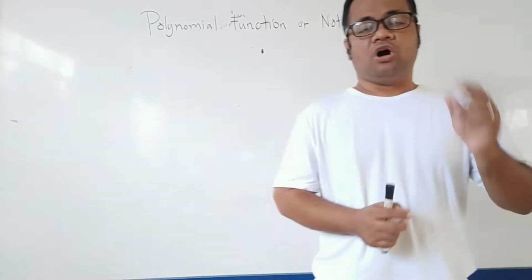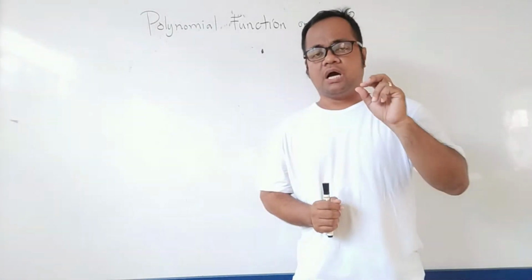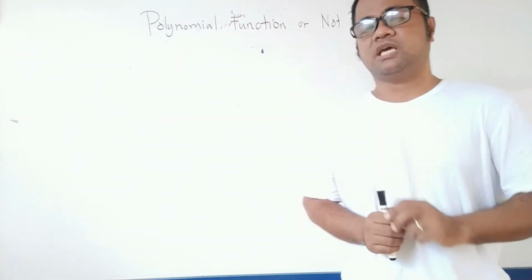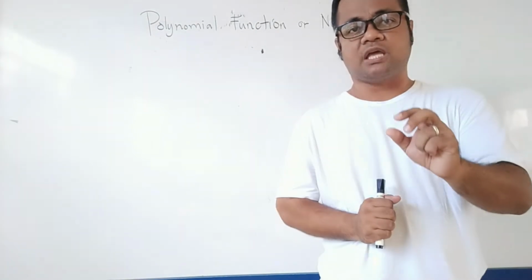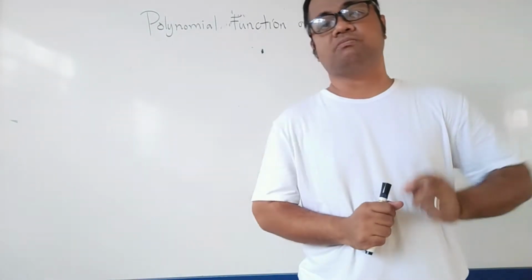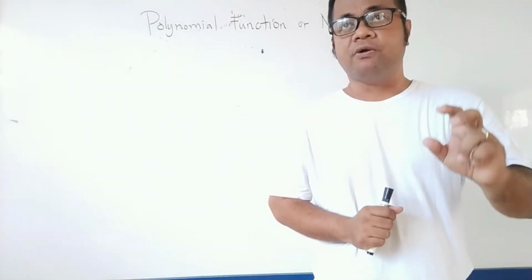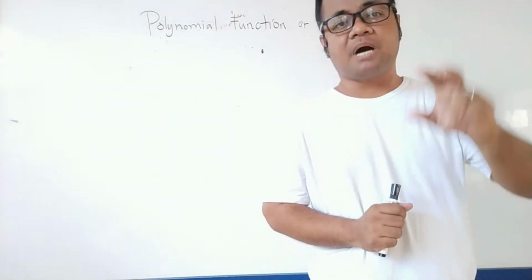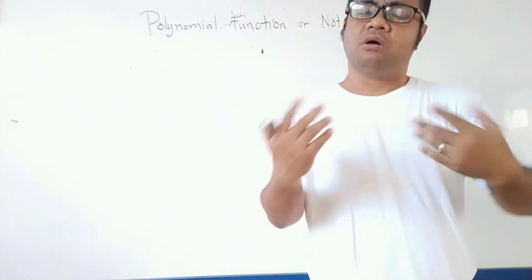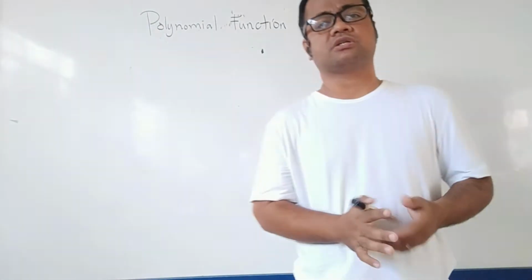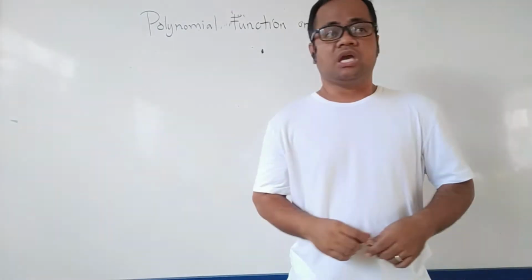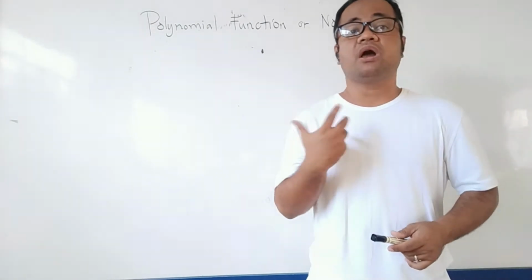Okay? So, always remember that by definition, a polynomial function is a function that contains a positive integral exponent. Meaning to say that the exponent must be a positive integer. Actually, when we say positive integers, it is whole numbers.